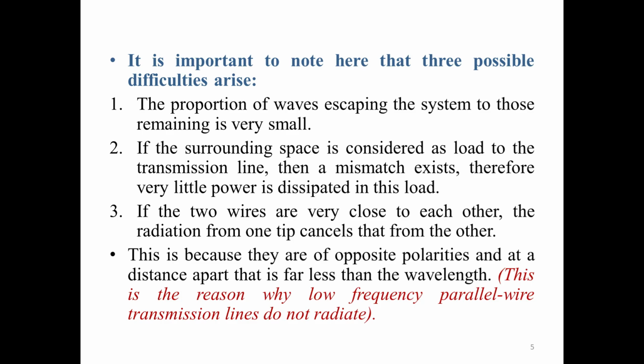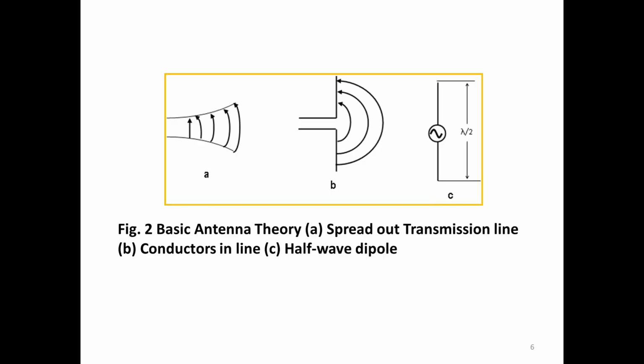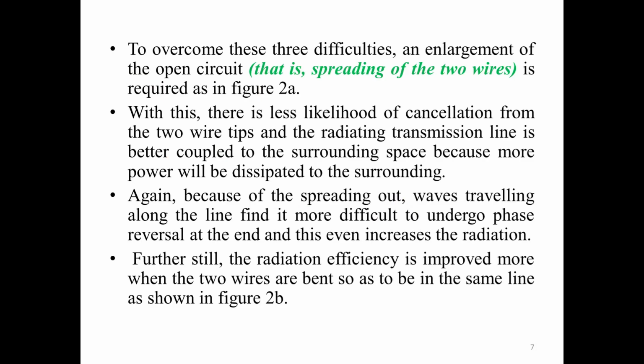This is the reason why low-frequency parallel wire transmission lines do not radiate. Shown in Fig. A, B, C, the tips of the wire expanding a bit, completely at 180 degrees, then the symbol of the antenna.